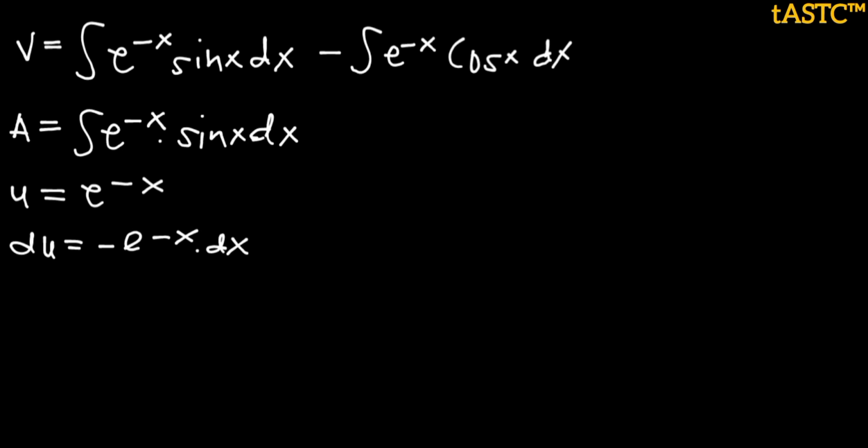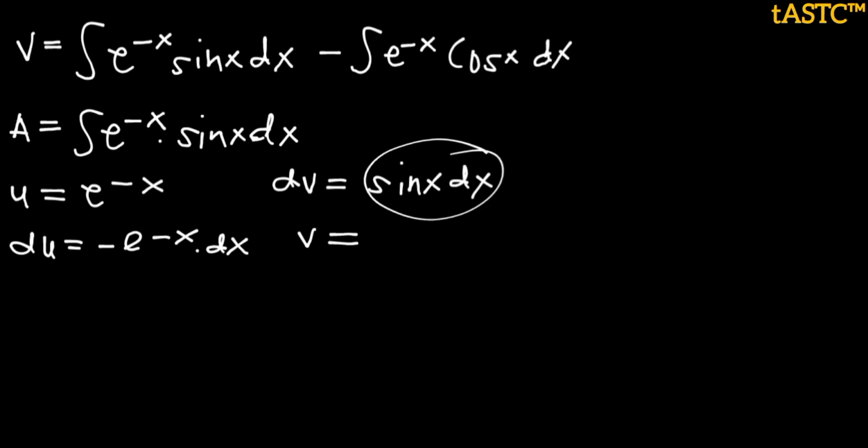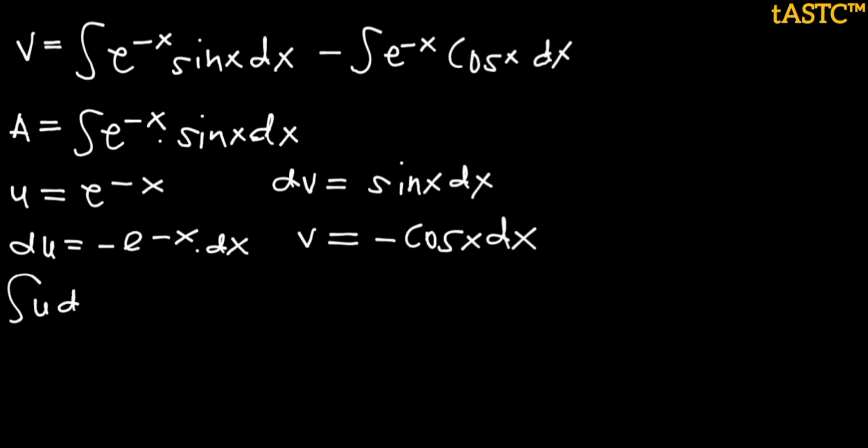Now next up we have dv, that is equal to sine x dx. So basically I am working this integration by the method of parts. So we need to integrate dv, that is going to give us a v, and the integral of this is basically going to give us negative cos x. Now you know that integral u dv will be equal to uv minus integral v du, right?